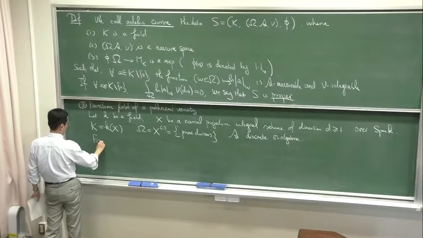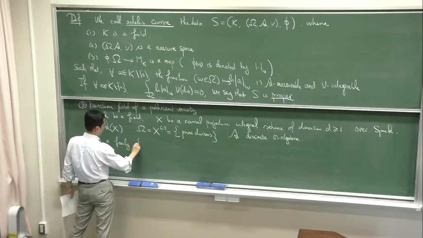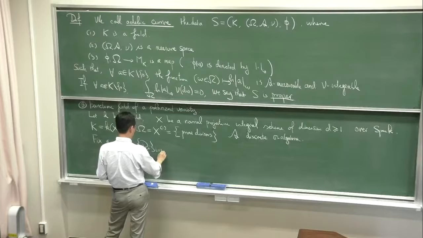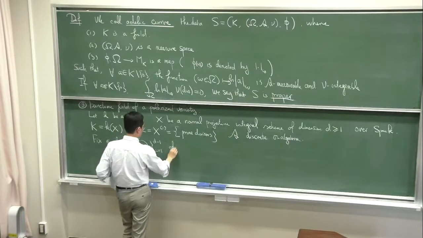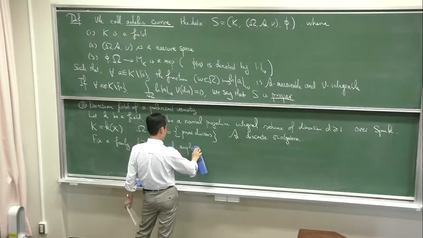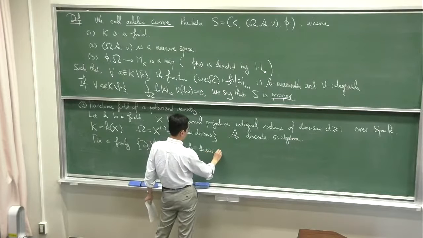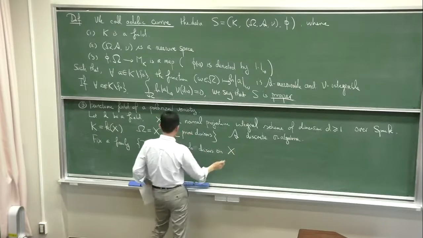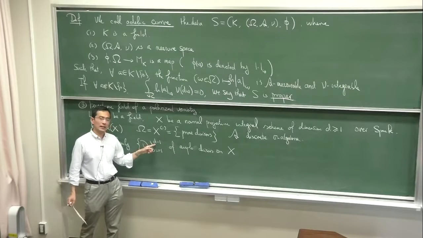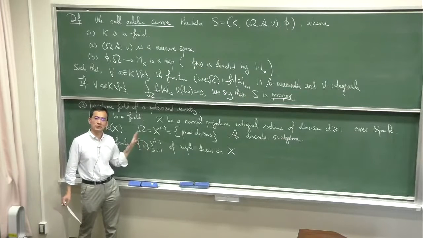So we also fix a family D_i, i from 1 to d minus 1, of ample divisors on X. Just a word about the curve case: in the curve case, you have an empty family of ample divisors.